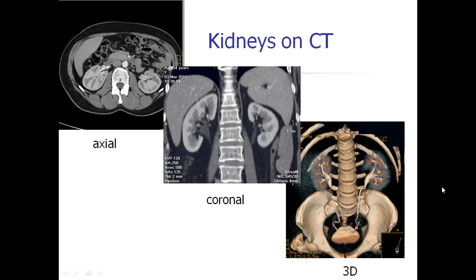Three-dimensional options, I don't think, are used to facilitate something, only to have a more pleasant picture. All the information you need may be obtained directly from axial and coronal slices.